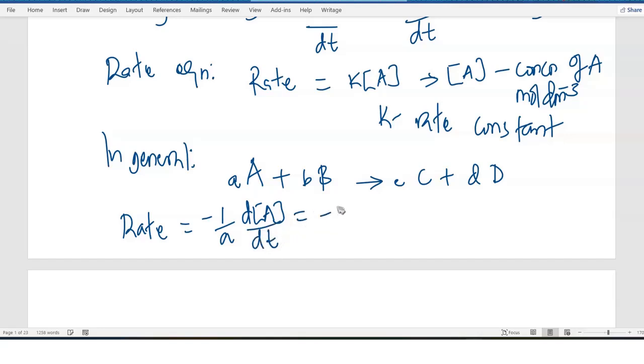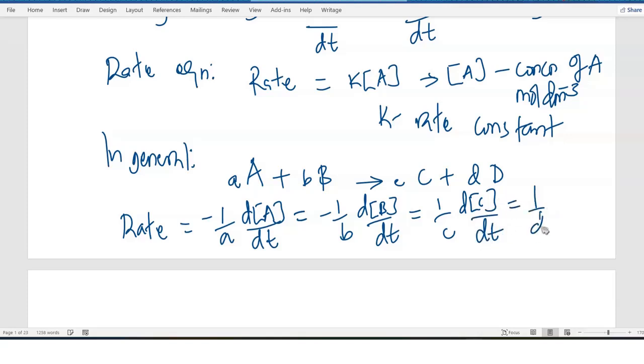This is the same as negative 1 over b times the concentration of B with respect to time. Then this is equal to 1 over c times d of C divided by dt.